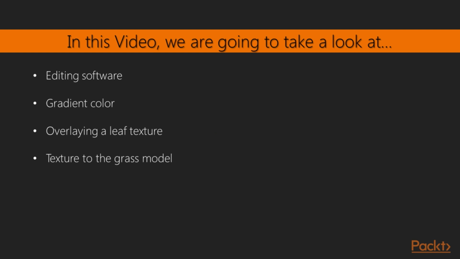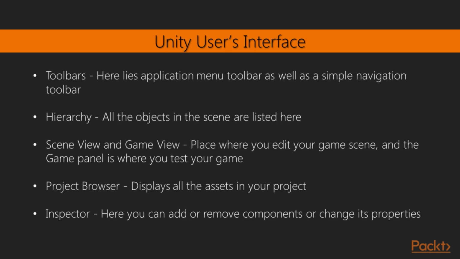In this video, we are going to take a look at the Unity's user interface and discuss all the features of Unity. First of all, let's take a look at its user interface. Unity's user interface is much simpler when compared with Blender because Blender is complex software that allows you to do so many things, including modeling, texturing, sculpting, rigging, animation, tracking, and compositing.